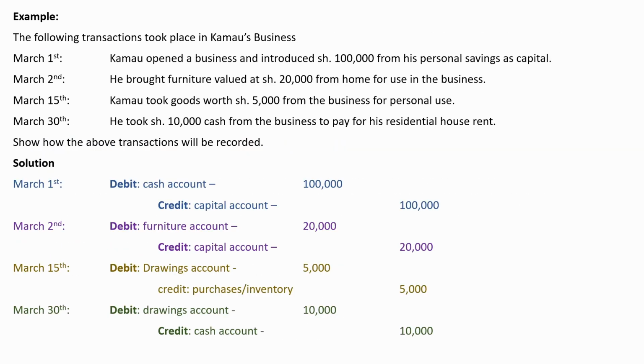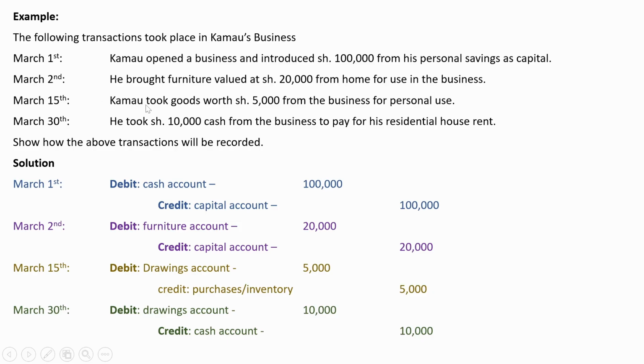So we have an example here. This example says, the following transactions took place in Kamau's business. On March 1st, Kamau opened a business and introduced 100,000 from his personal savings as capital. On March 2nd, he brought furniture valued at 20,000 from home for use in the business.